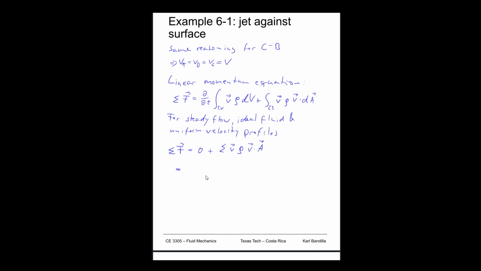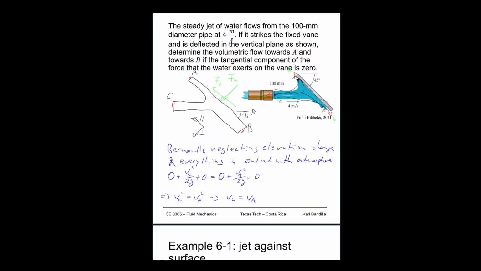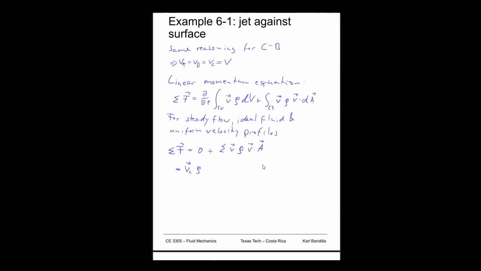So what does that leave us? That leaves us, we go back to blue here, right? That means we'll have a vector, our VC vector, times our rho, and then this multiplication here, right? So we said in C, where the inflow is, it's going to be negative. So we can say times minus VC AC, and then the other two are going to be positive, right?